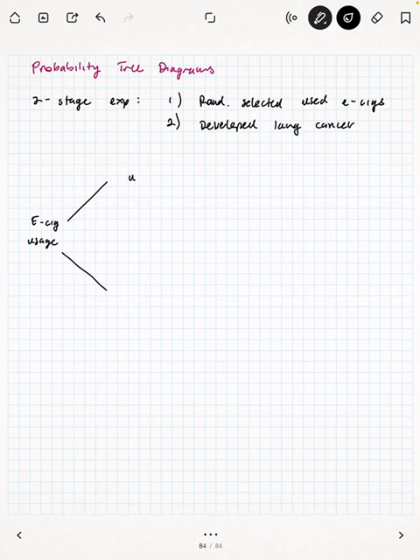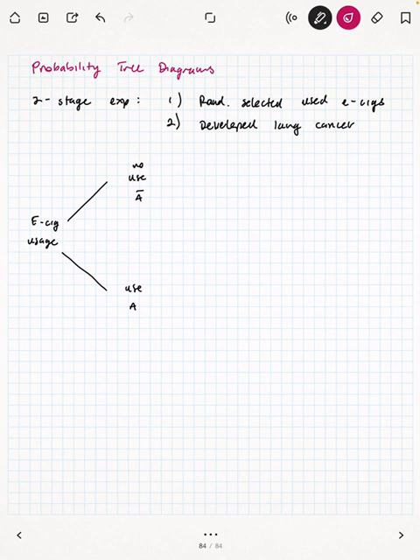So either they don't use e-cigs or they do use e-cigs. And this branching off represents the full spectrum of possibilities, because everybody fits into one of these two categories. And we determine the probability in each group of that happening.